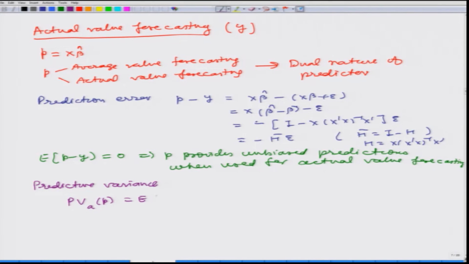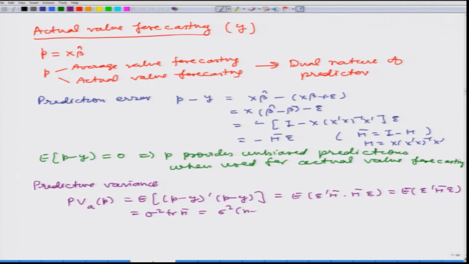So, this will be the expected value of P minus Y transpose P minus Y, which is nothing but the expected value of epsilon transpose H bar H bar epsilon, and this is the expected value of epsilon transpose H bar epsilon, because H bar is an idempotent matrix, and this quantity is nothing but sigma square trace of H bar, which is sigma square times n minus k.